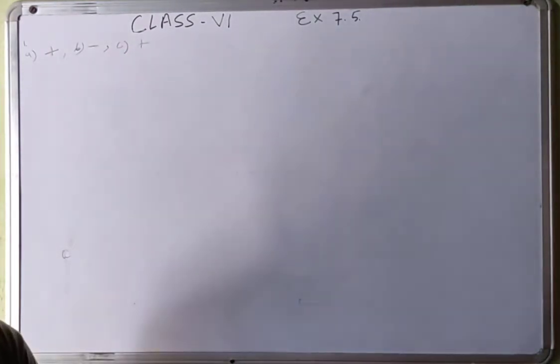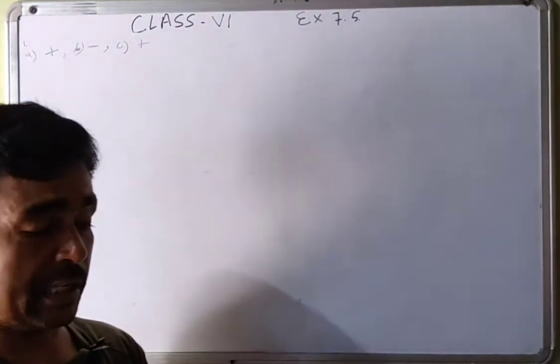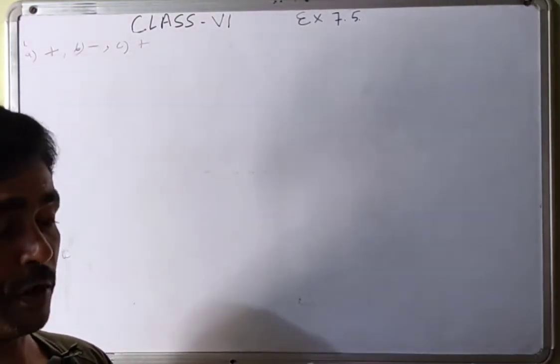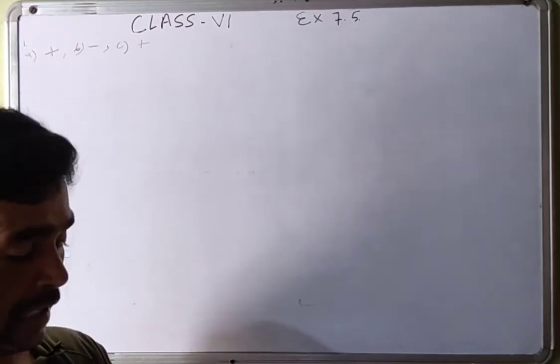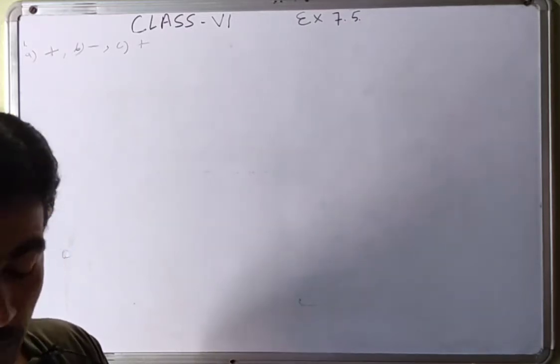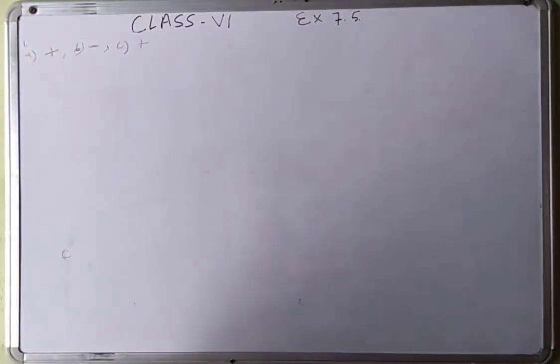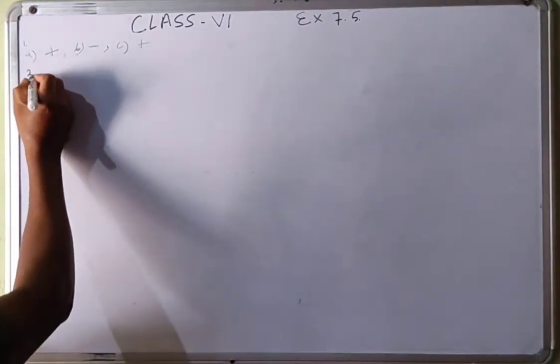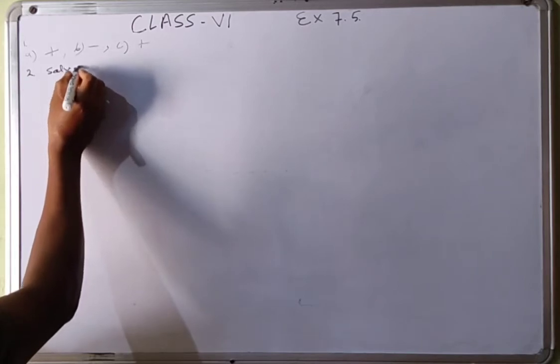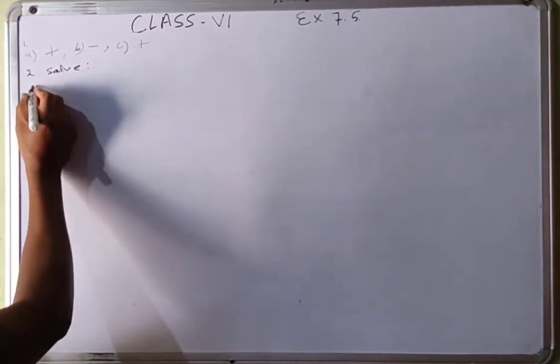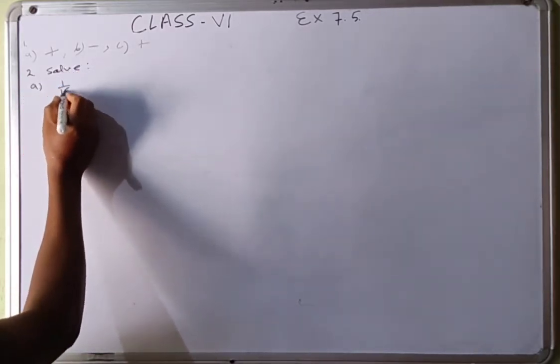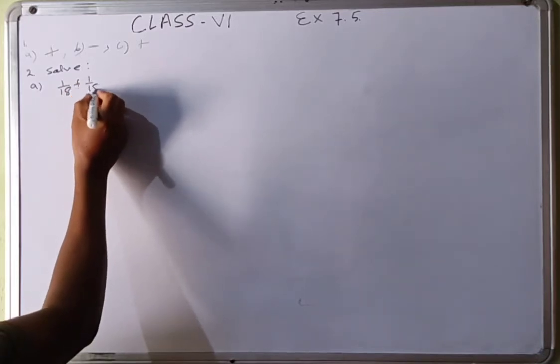And then the second question, most important for your next classes. If you are not able to do these types of questions, it means you are unable to solve maths problems. So in the second, solve the A part, 1 upon 18 plus 1 upon 18.